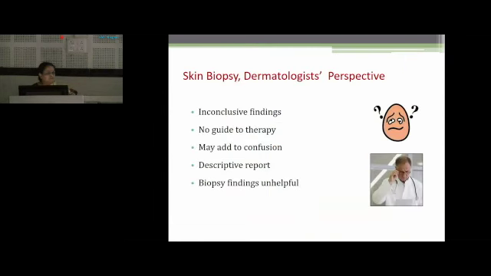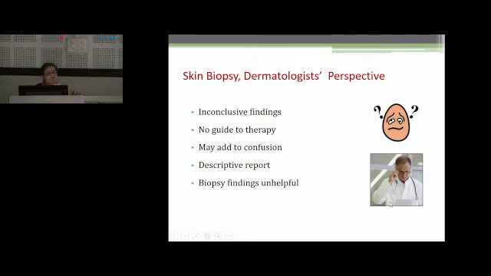Most of the times, the biopsy findings are inconclusive. Rather than guiding to therapy, they may add to confusion. Such reports are often descriptive and the information given in the report is not meaningful. It does not serve any purpose.